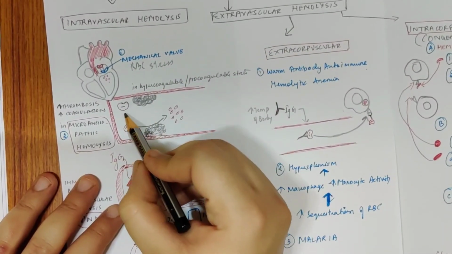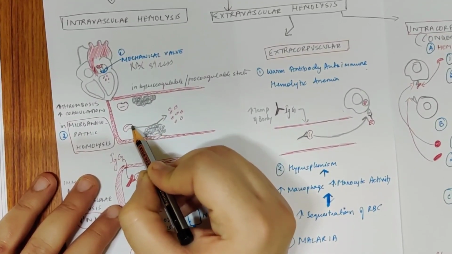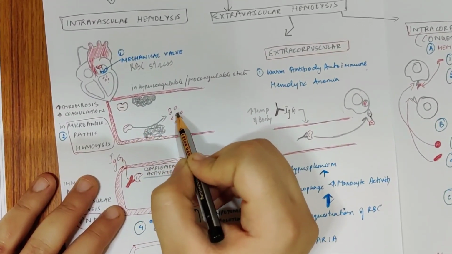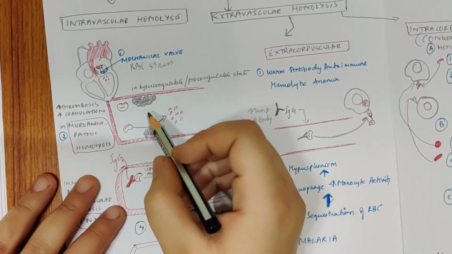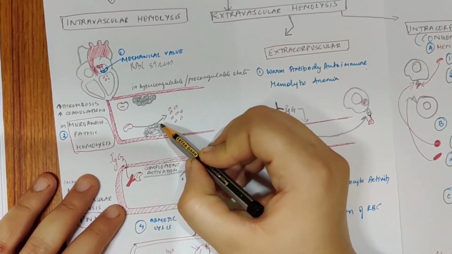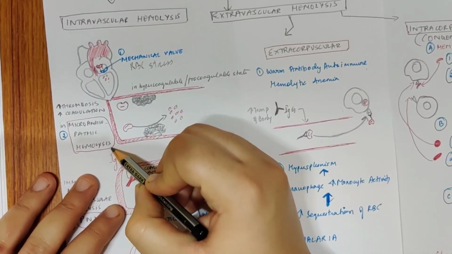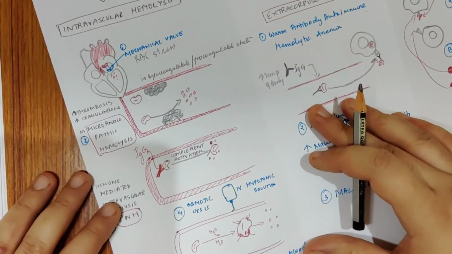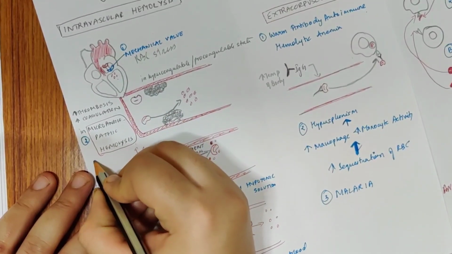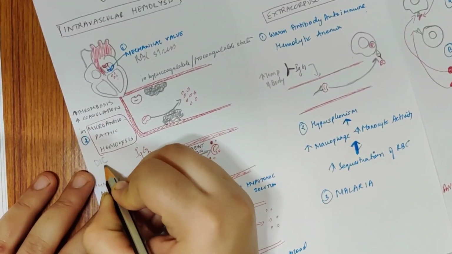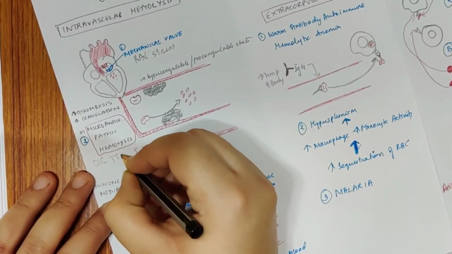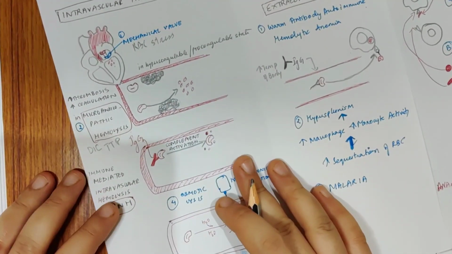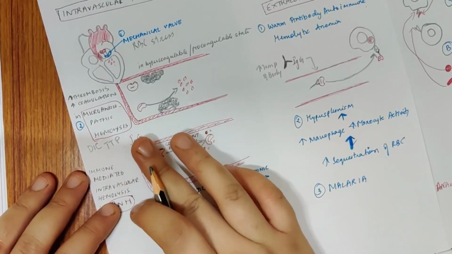So whenever RBCs are flowing through, some of them can get ruptured. It's like a stone: whenever you hit something, it can break down. This happens in microangiopathic hemolysis, which is seen in disseminated intravascular coagulation and thrombotic thrombocytopenic purpura.